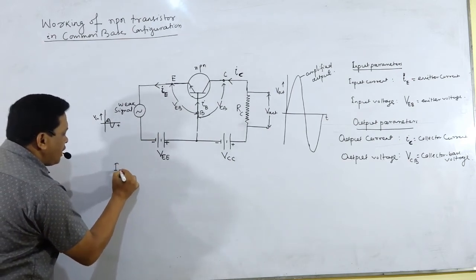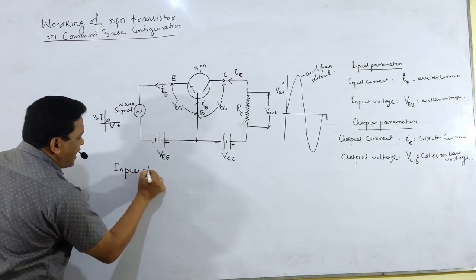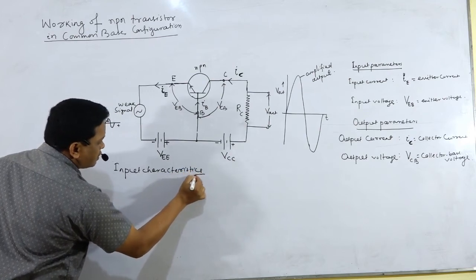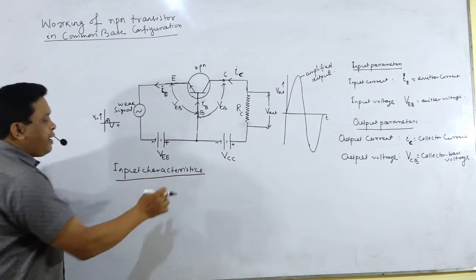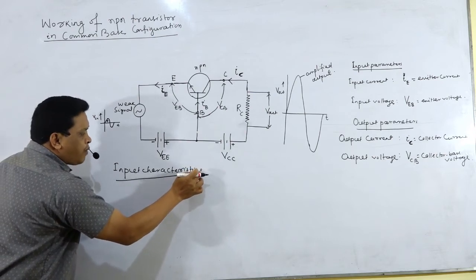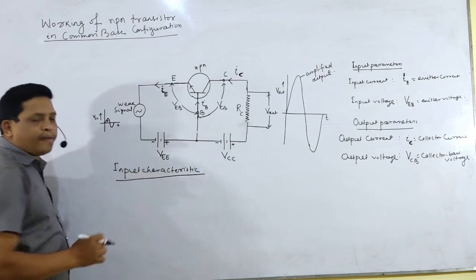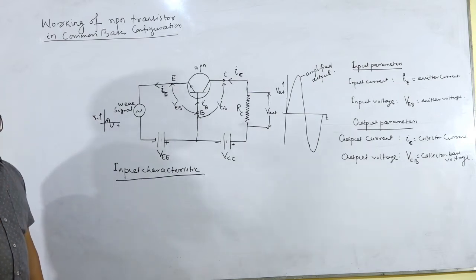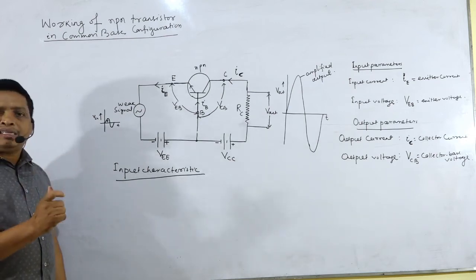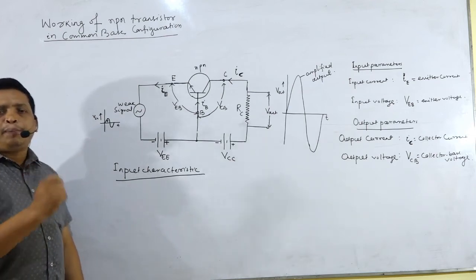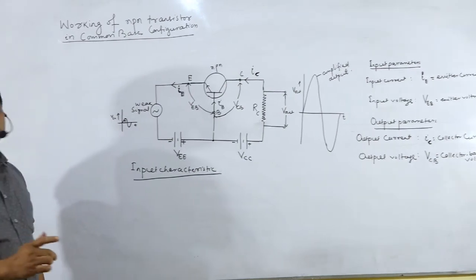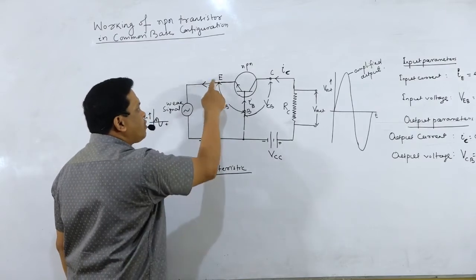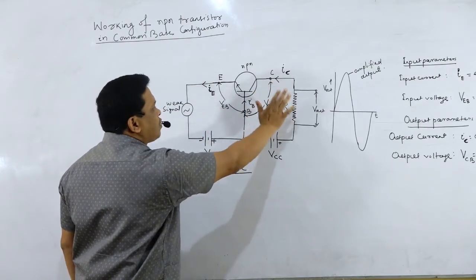Now, first of all, let us discuss input characteristics. If I write in the singular form, input characteristic. So what is input characteristic? It is the graph plotted between input voltage and input current, keeping output voltage constant.